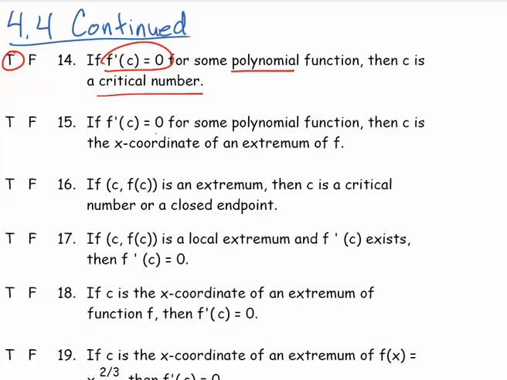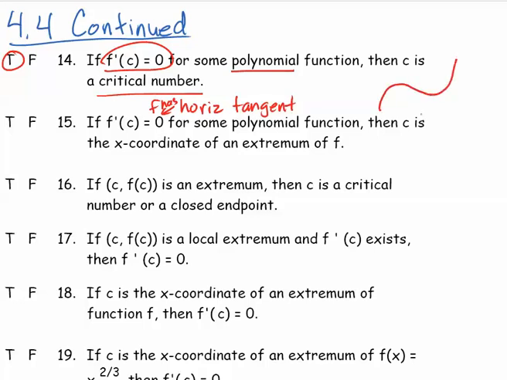If f prime of c is equal to 0, for a polynomial function, then c is the coordinate of an extremum. So just because, and remember f prime of c equals 0 means that f has a horizontal tangent. So does that mean it has to be an extremum?